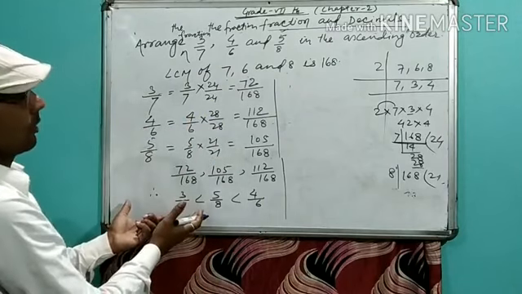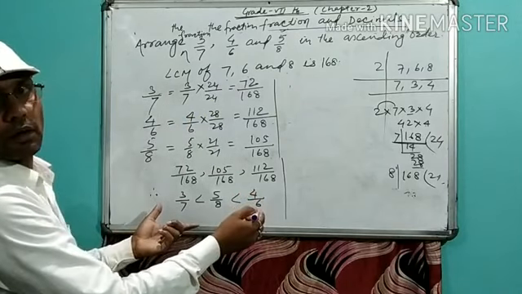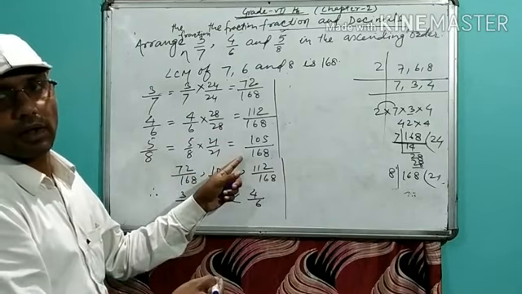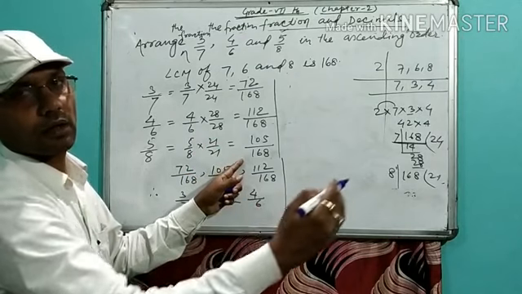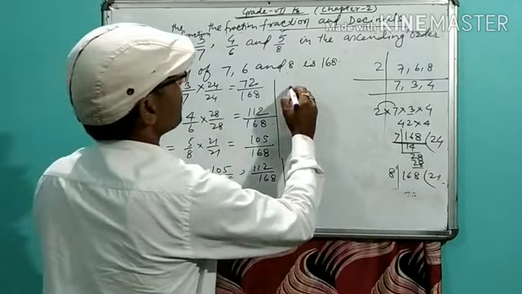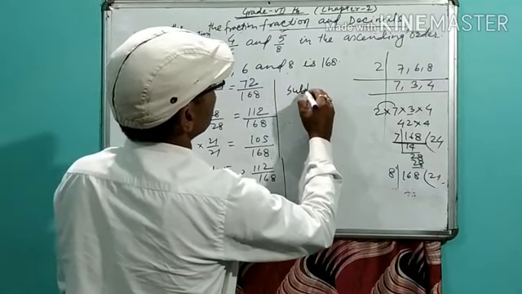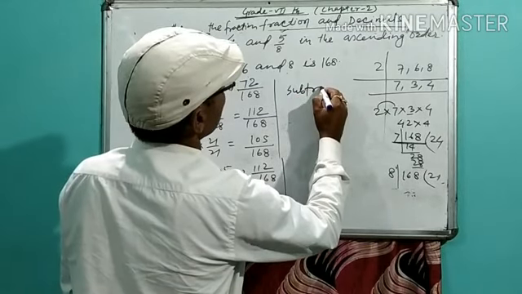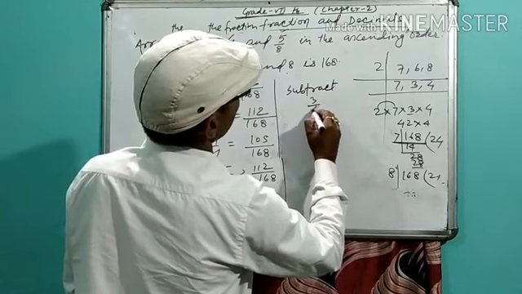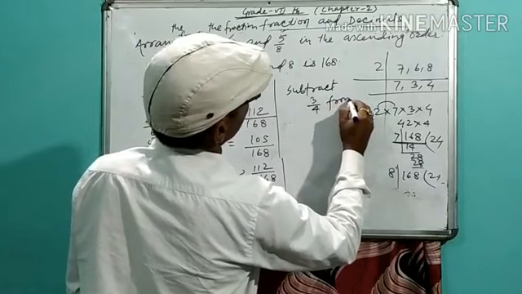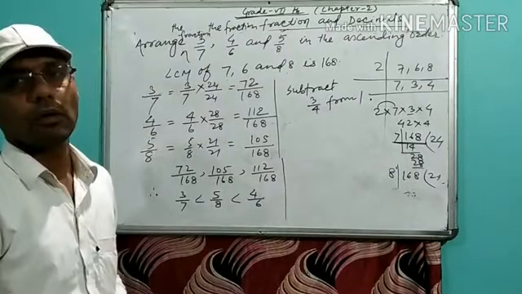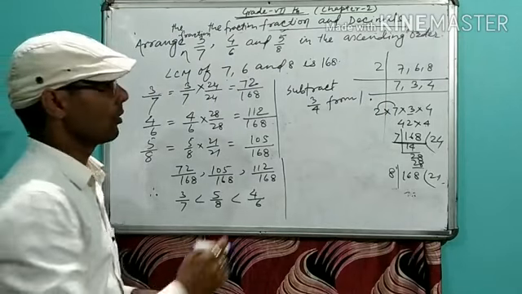You can write from here in descending order, very easy. Which is greater, greatest to the smallest. Now subtract 3 by 4 from 1. In this way you can try to solve.